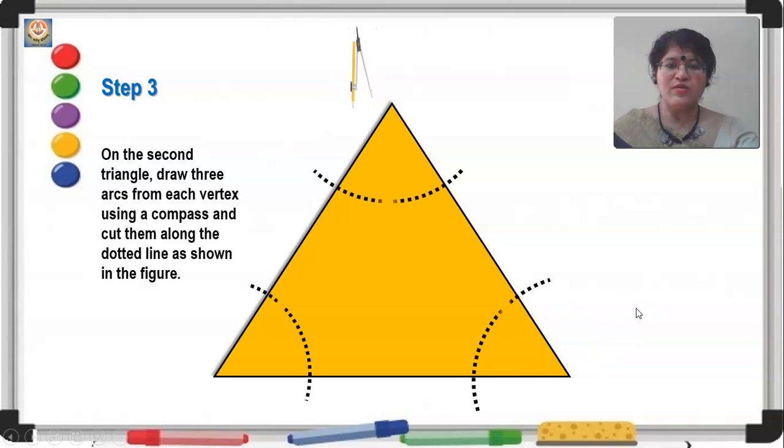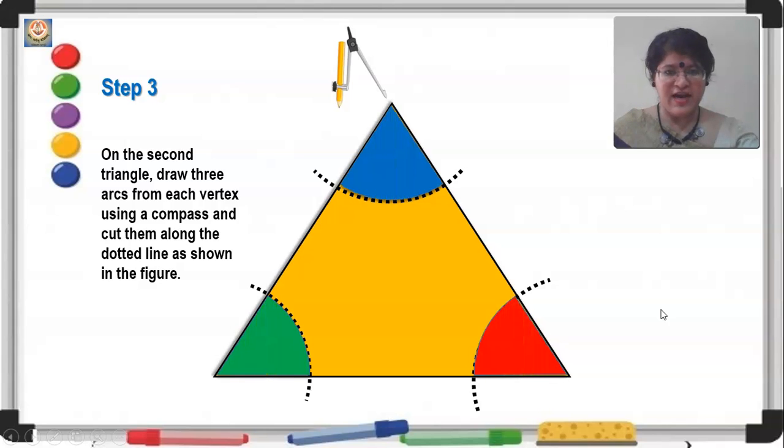So this is how the arcs will look. You will have 3 arcs drawn from each of these vertices. Now, after having drawn the arcs, you could use crayons and color this region so that it looks attractive. I've colored this in blue, green and red.